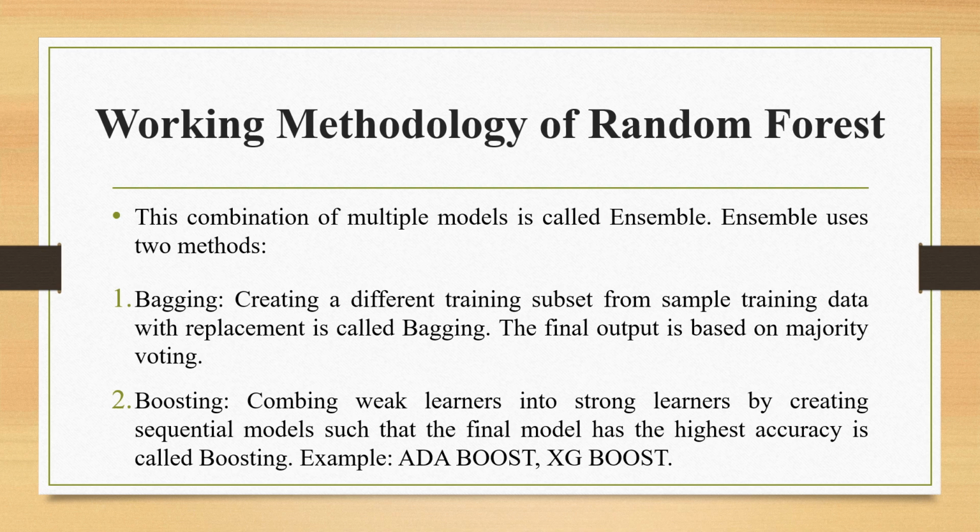The final output is based on the majority voting. Next, boosting is combining weak learners into a strong learner by creating a sequential model such that the final model has the highest accuracy. For example, AdaBoost and XGBoost.